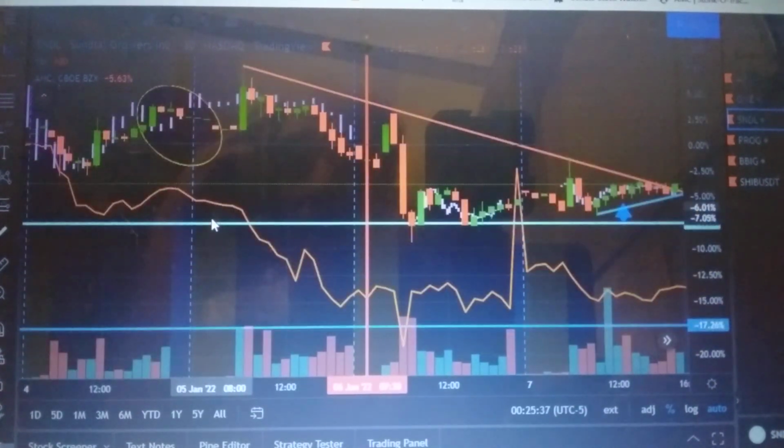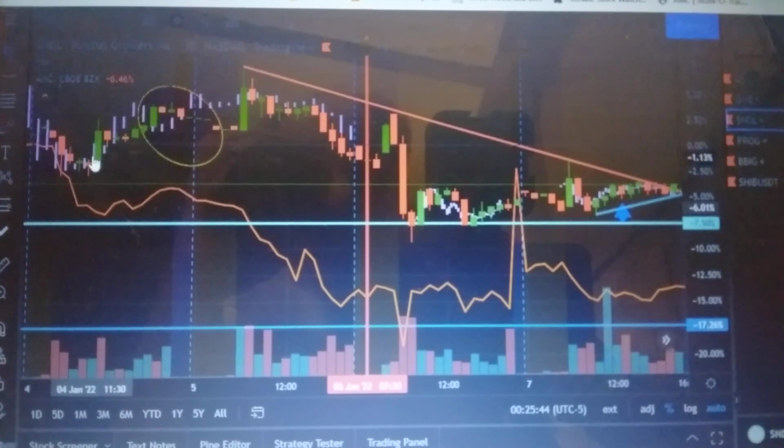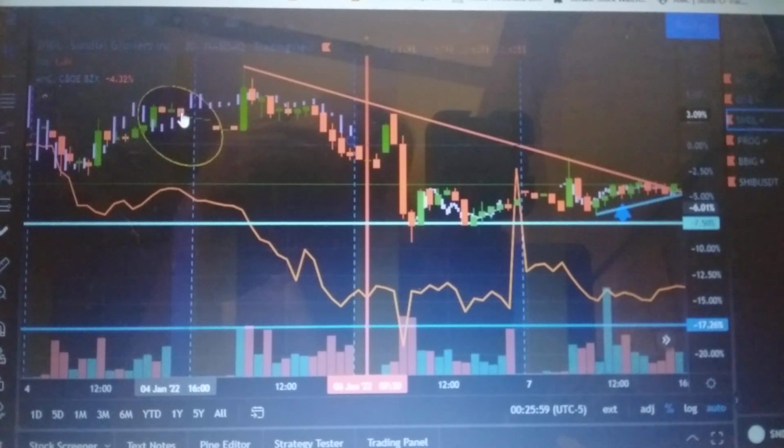What I want to draw your attention to is a couple things. Number one, how accurate can these patterns be? The stock moves according to the pattern. What happens when the pattern is broken? Right here, we're looking at January 4th. It followed the pattern. It ran down, it ran back up, then it fell back down and came back up.